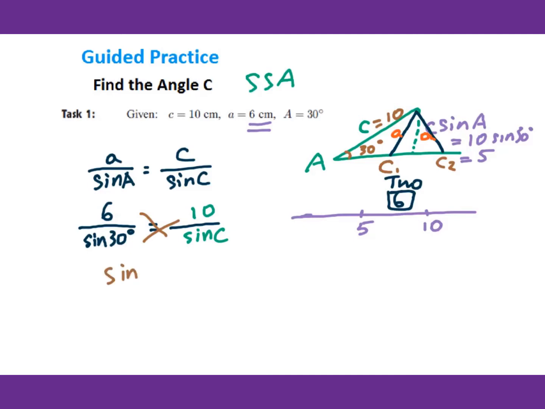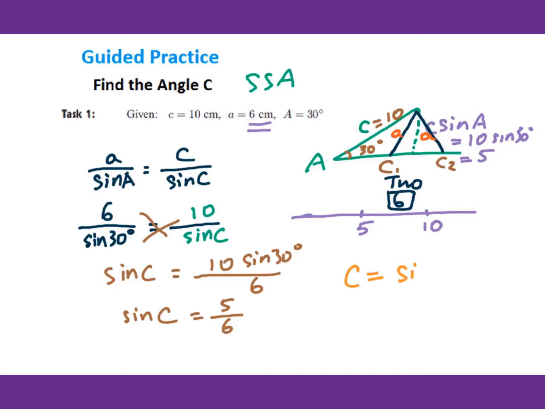We got the sine C equals 10 sine 30 degree over 6. We got the sine C equals 5 over 6. Therefore, angle C equals inverse sine of 5 over 6.